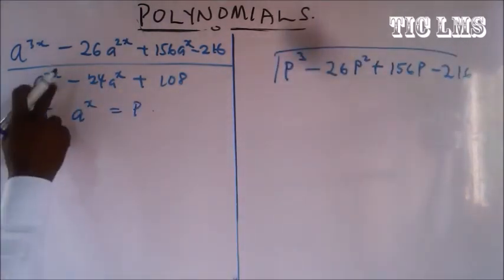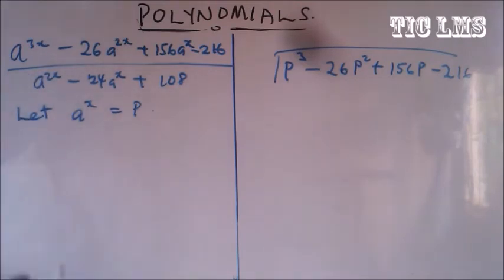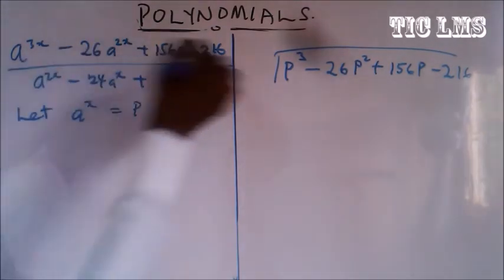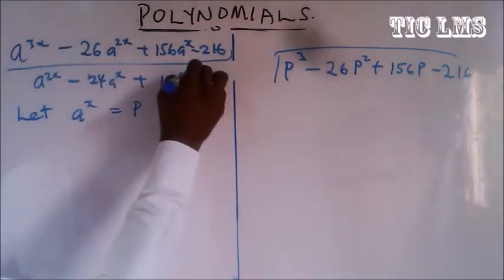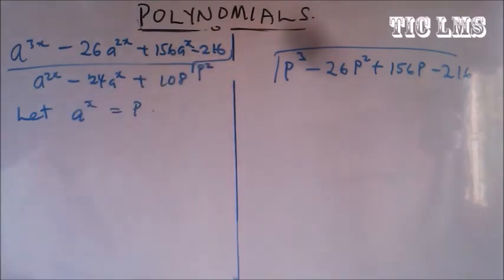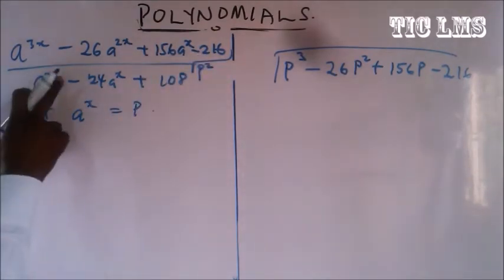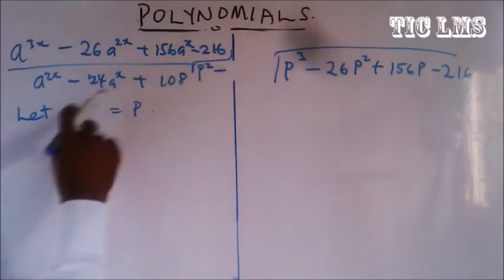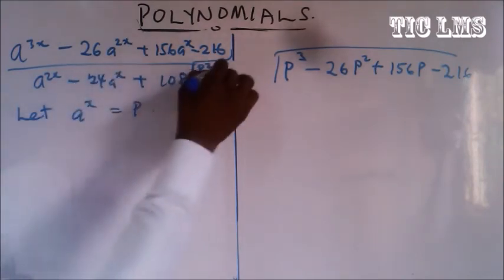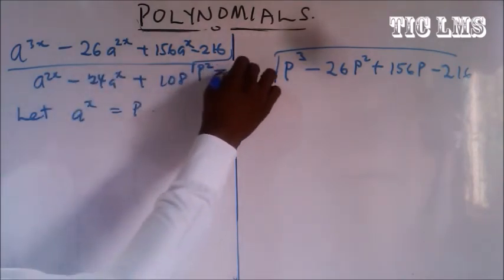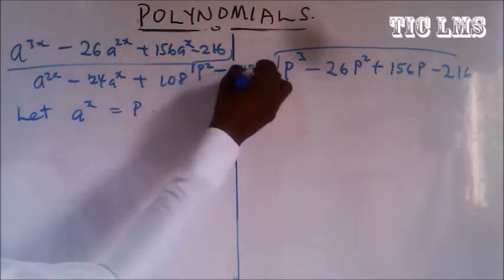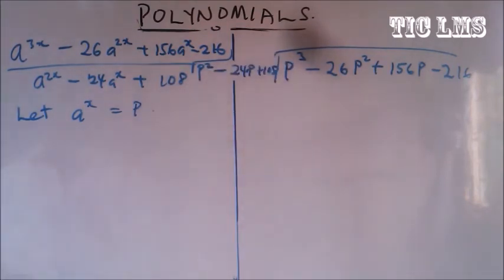Here we have a to the 2x. This is the same thing as saying p squared, because a to the x is now p. Minus 24a to the x becomes minus 24p. And then we have plus 108.